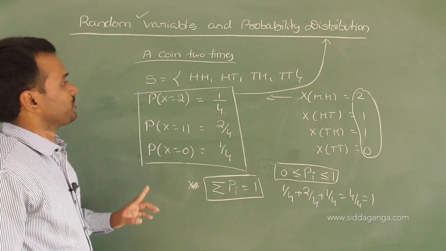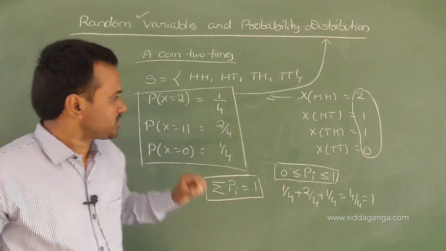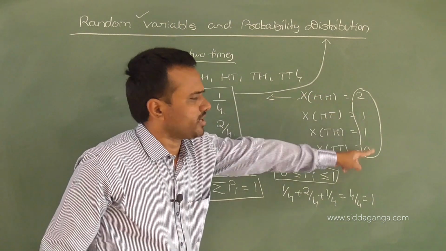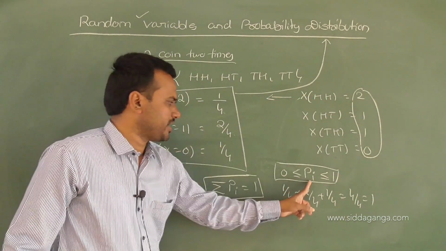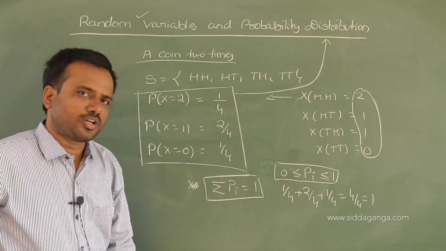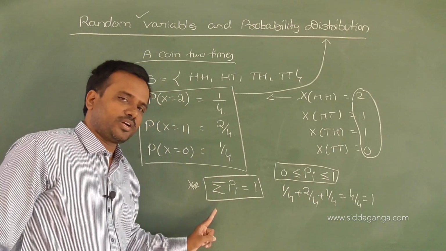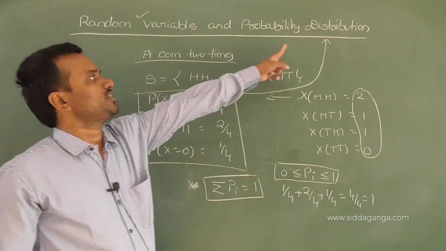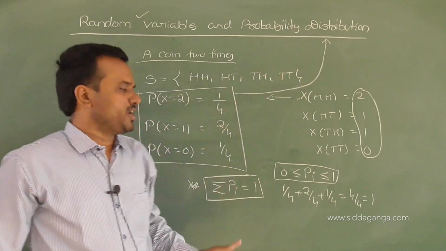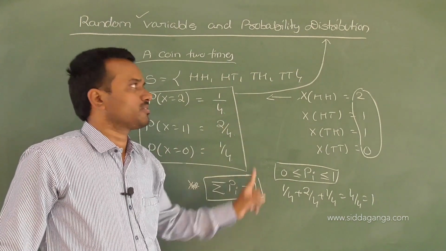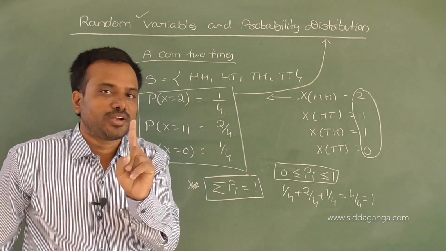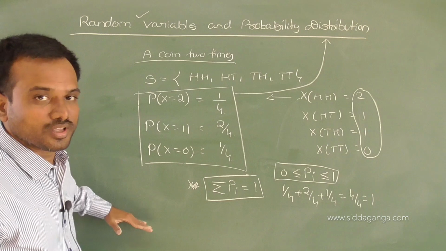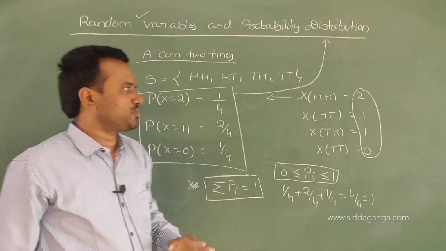That is very important. So probability distribution means probability values for each random variable. That's the first one. And Pi value greater than or equal to 0, less than or equal to 1. Very important condition: sum of Pi is equal to 1, then only we say that it is a probability distribution. If sum of Pi is not equal to 1, we can't say it is a probability distribution. This is the concept of random variable and probability distribution.